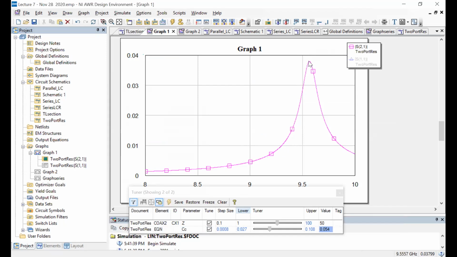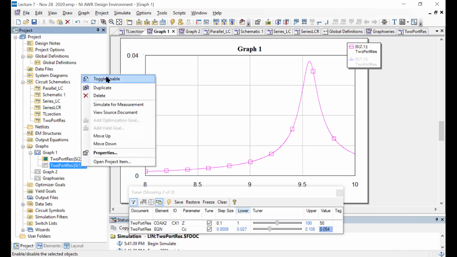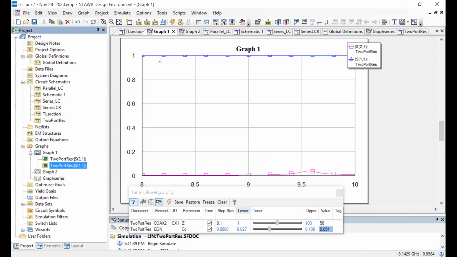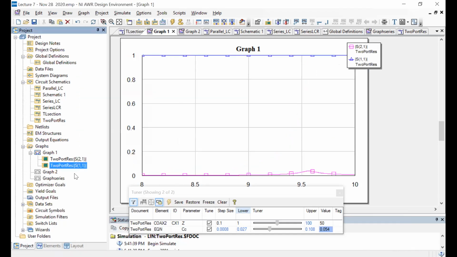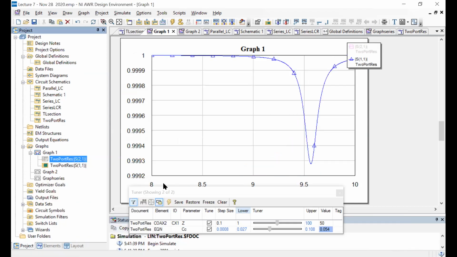Okay. Now this is also fine because, as you noticed before, the reflection coefficient has now become completely flat. Right? There's hardly any, maybe just to show you that, sorry, the other way around. Let me disable that guy. So there is a dip, but it's very, very small.